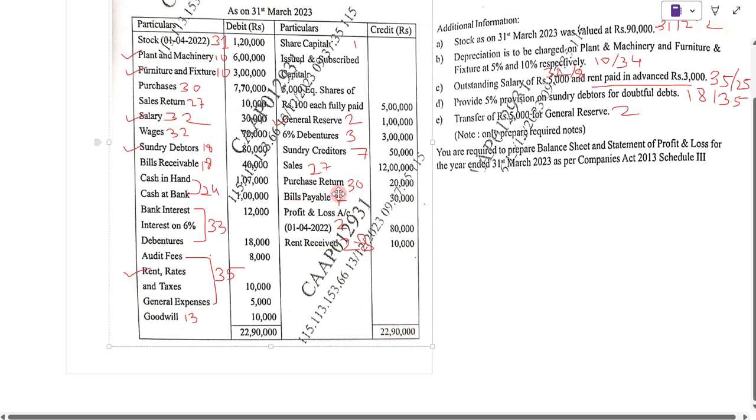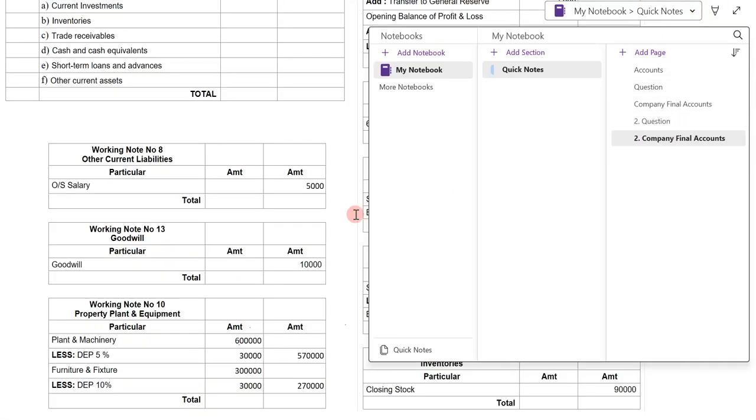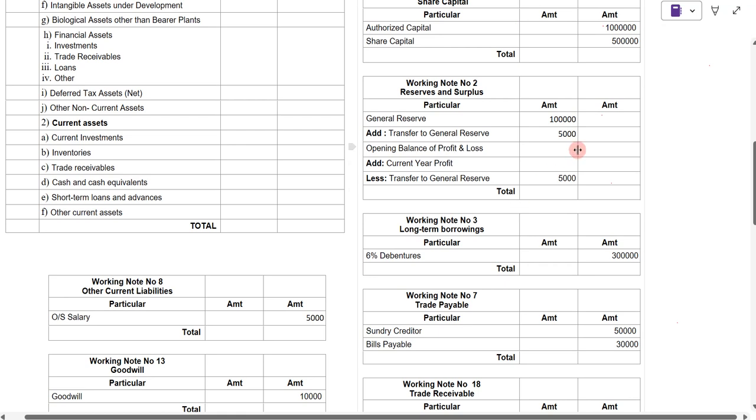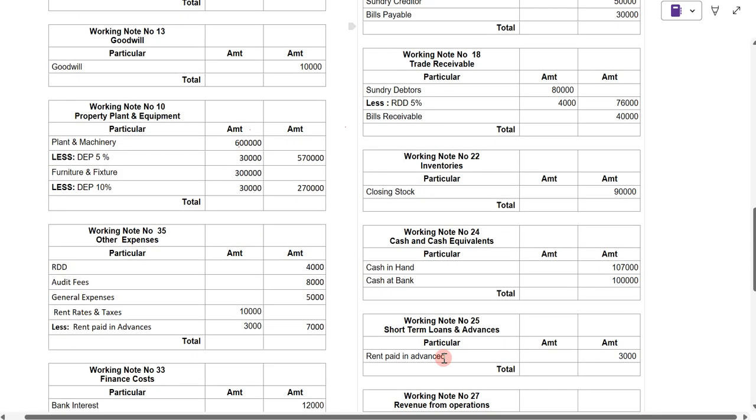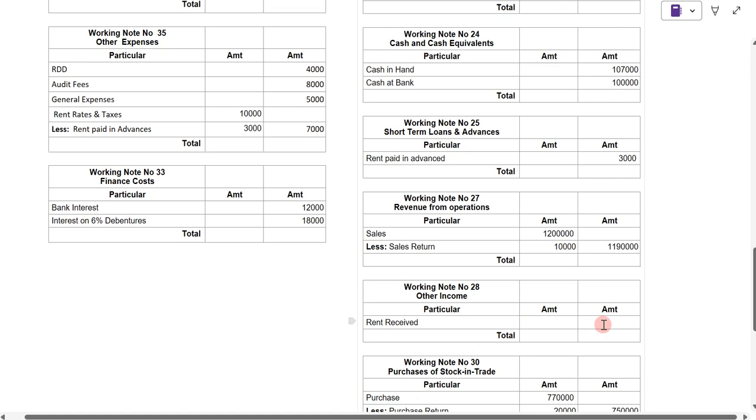Sales we have done, purchase return we have done, bills payable we have done. Profit and loss, note number 2, that is 80,000, this is last year profit. And rent received, note number 28, other income, 10,000, we have received the rent.